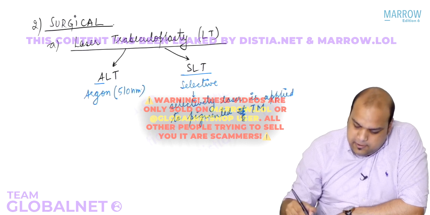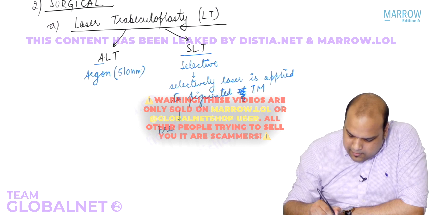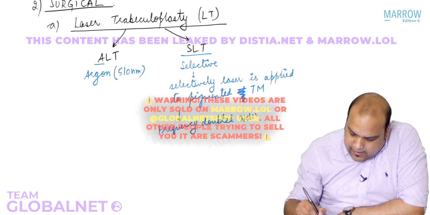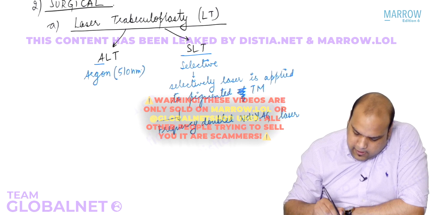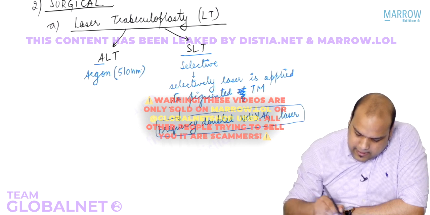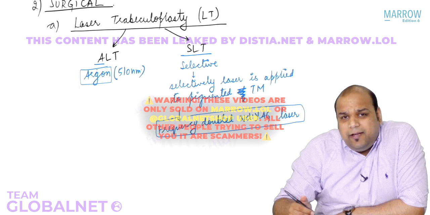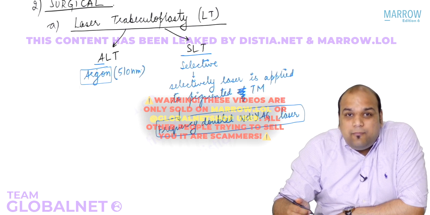Which laser is used? Still the question remains. So the laser used is frequency doubled ND-YAG laser. Now everybody, we have already read about ND-YAG laser. That ND-YAG laser acts by photodisruption, by breaking the tissue.